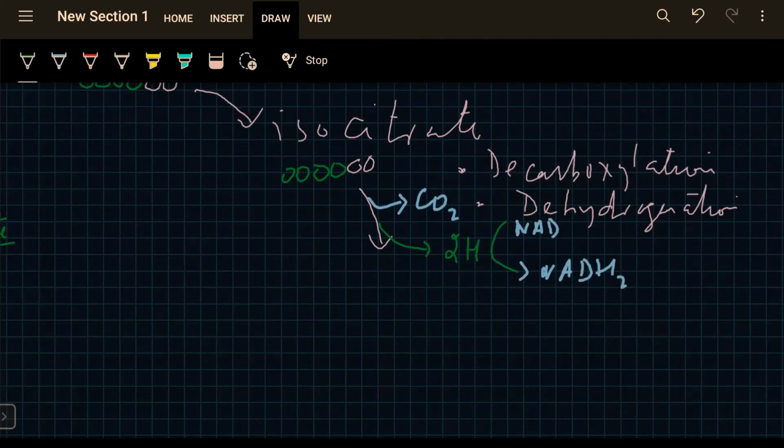When this 6-carbon isocitrate is decarboxylated, 1 carbon dioxide is lost. So a 5-carbon molecule is left behind.